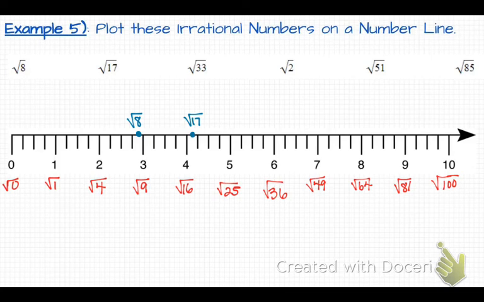Where does the square root of 33 fall between? 5 and 6? Where? A little bit closer to 6, but kind of almost halfway. So between about half, maybe about here. I think that's a good estimate. It's probably around 5.7 or so.